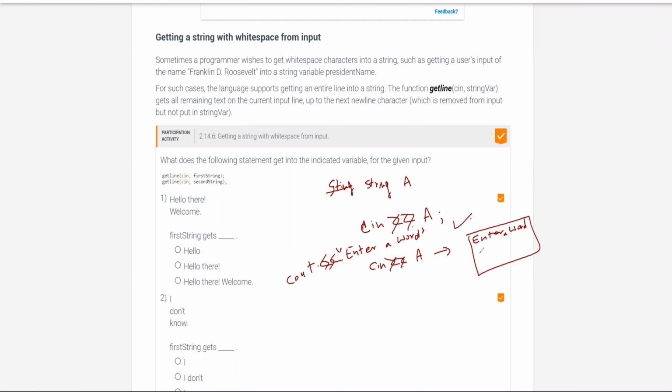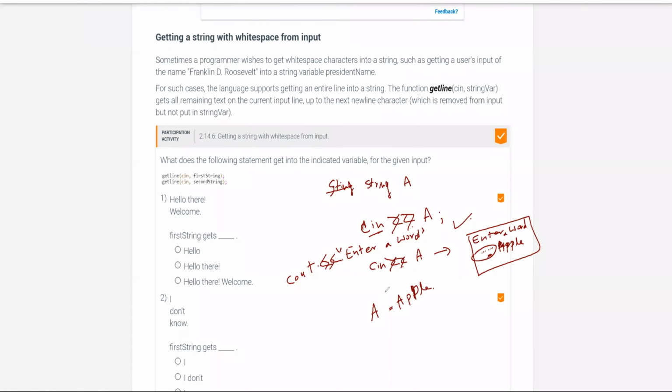Let's say he puts some spaces in the front, and then he puts A. But when you store this in the value A or the string A, it will ignore this space and take only the value. So if the word you put is apple, for example, with the spaces, here you won't see the spaces, it will take apple like this. So it's always ignoring the white space in the front. That is one thing cin does.